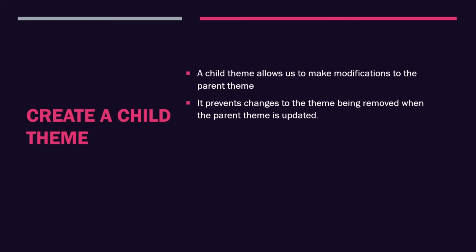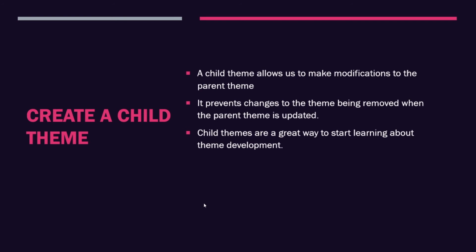And when you get an update, the parent theme is going to be updated, and most likely the Functions.php is going to be updated, and any code that we have added is going to be overwritten. It's going to disappear. So we need to find a way to prevent that, and that's where a child theme becomes very useful. Also, child themes are a great way to start learning about theme development.